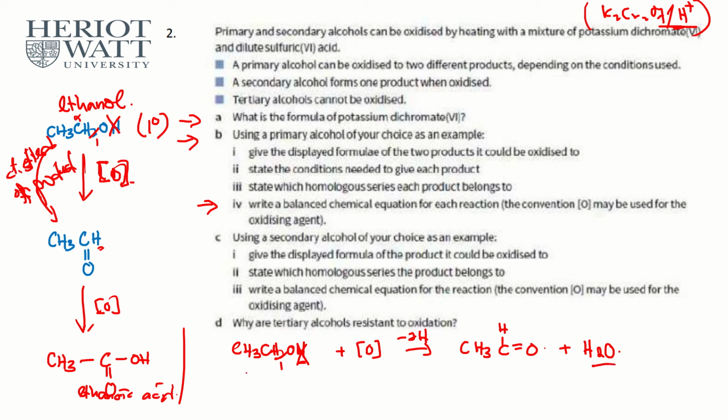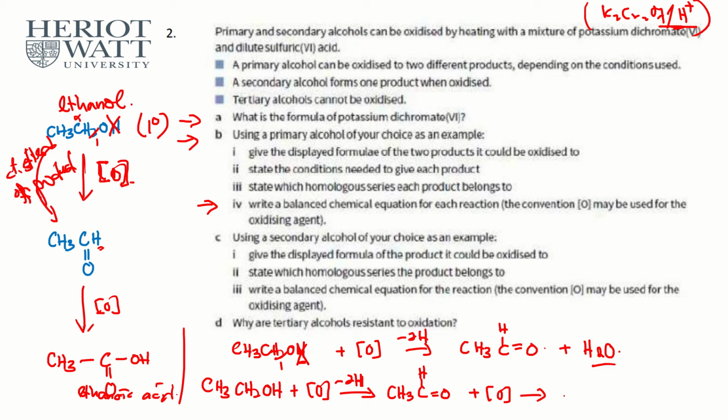And if you want to get a carboxylic acid, basically you need to extend it further. So I'm going to show you all the way. So CH3CH2OH plus one O, removing two hydrogens, and you're getting CH3, CH double bond O. And next you're going to add another O because it's further oxidation.